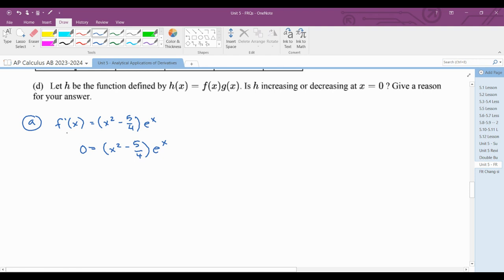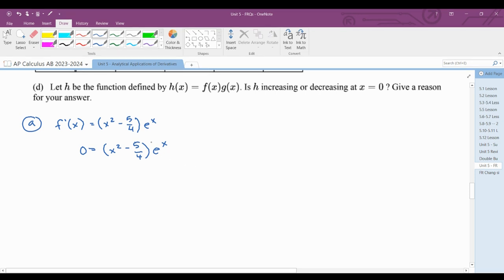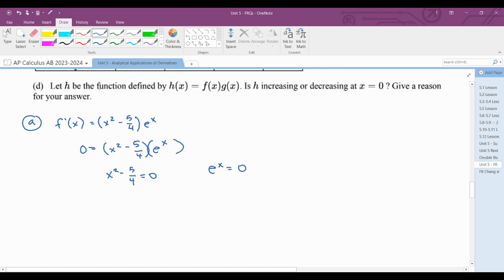But there's only certain values you could plug in for x in order for it to get 0. So we have two things being multiplied. So either this x squared minus 5 over 4 equals 0, or this e to the x equals 0. Well, e to the x is never going to be 0 no matter what x value you plug in. So we're mainly just looking over here.